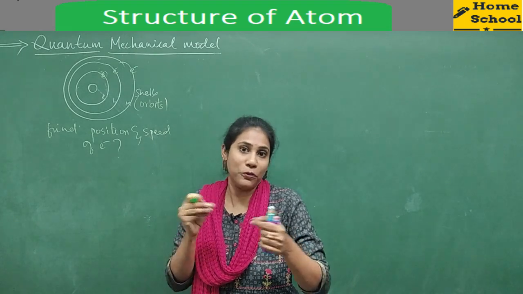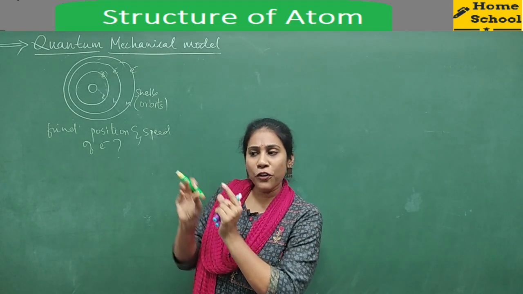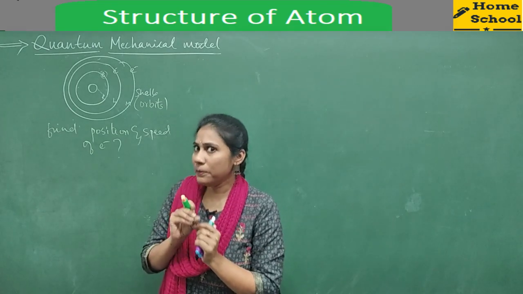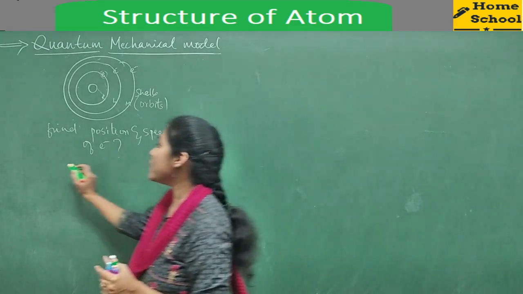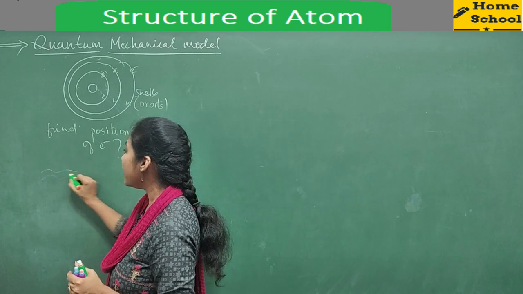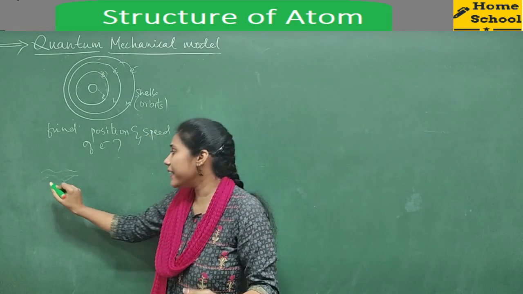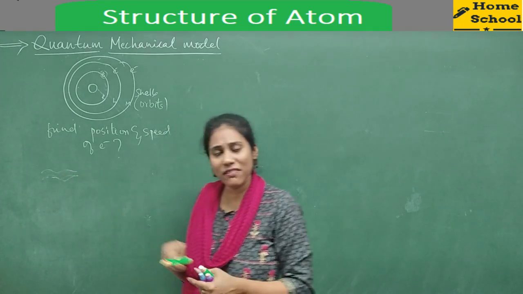You will focus a certain light, and only then can you see an electron. Here light is a kind of energy passing in the form of waves. Light is nothing but radiation moving in the form of waves, right?